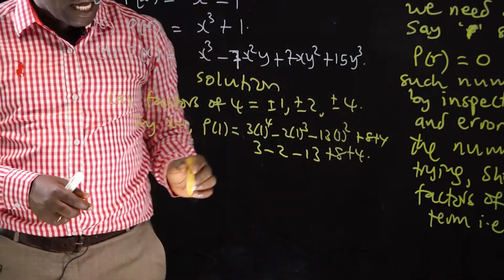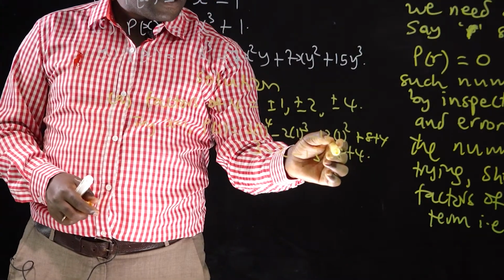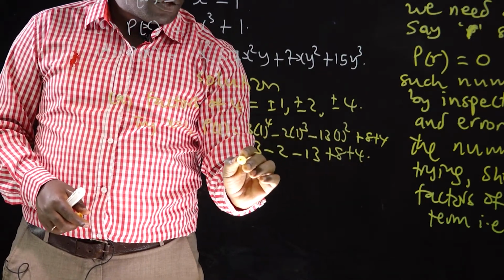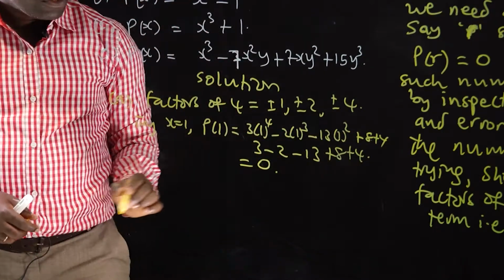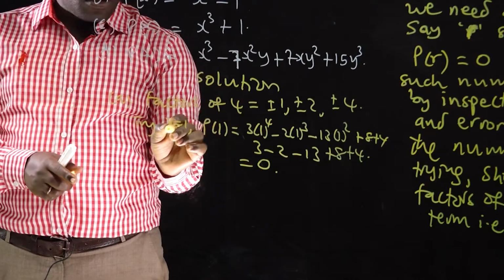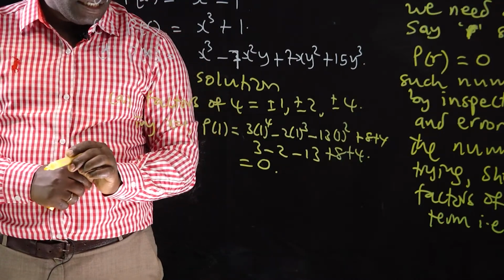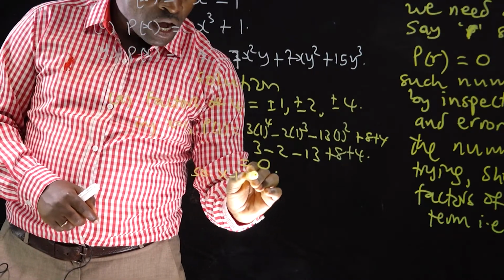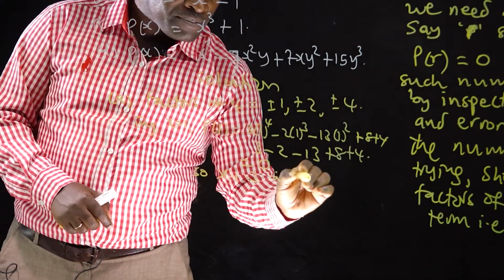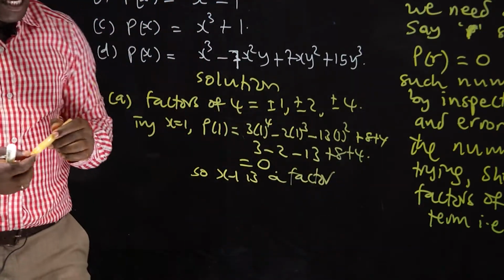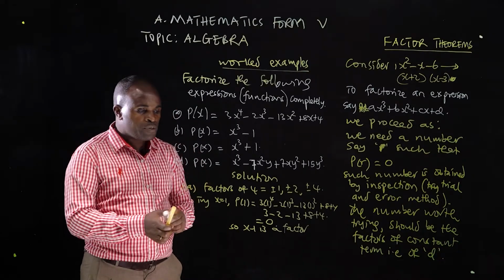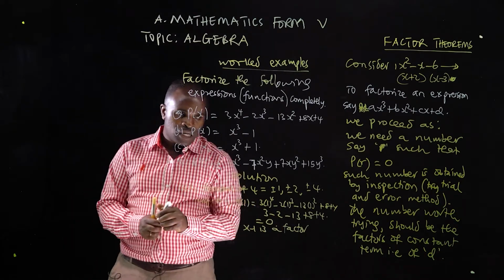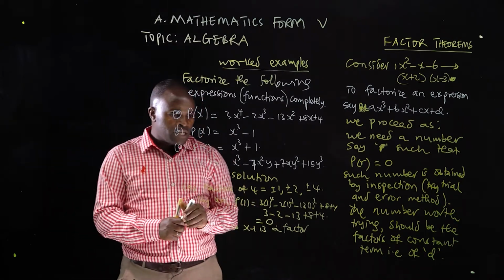Checking the result, 8 plus 4 is 12, and 3 is 15, and 15 minus 15 gives 0. Since x equals 1 has been accepted to give 0, it means x minus 1 is a factor. So keep on trying as well.